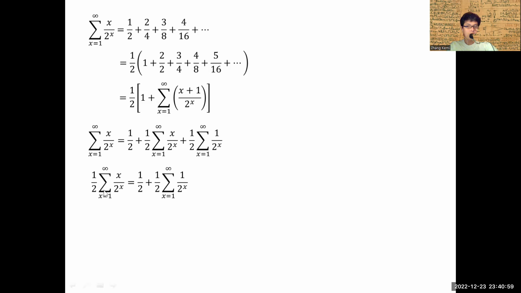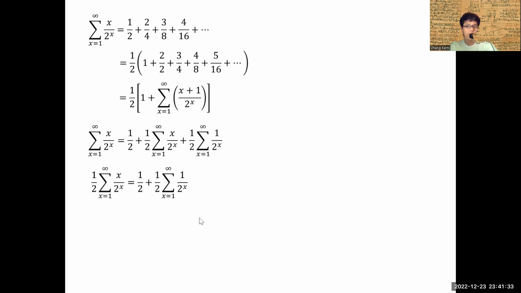So now I simplify the equation. On the left, because I'm going to bring this term from the right over, I have to subtract half of the sum from x equals 1 to infinity of x over 2 to the power of x.